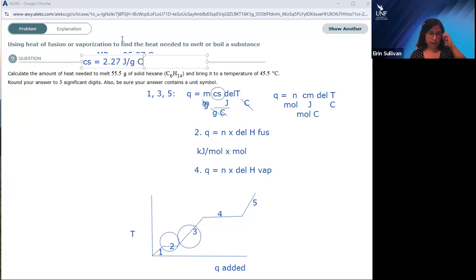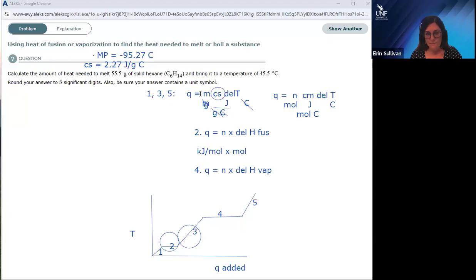You can always check the units if you're wondering whether it's specific or molar. Look, it's specific because it's got grams. So for section 3, we can just use the mass in grams of hexane and the delta T, which we can work out in a minute. I think we have all the information we need for that apart from working out the delta T.